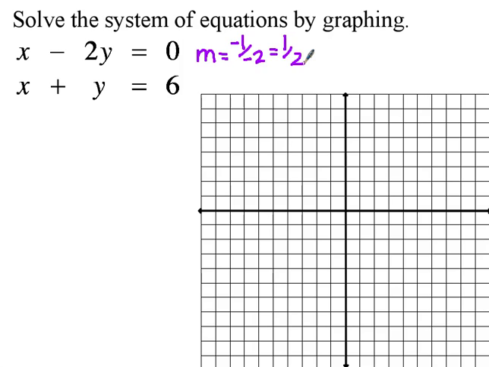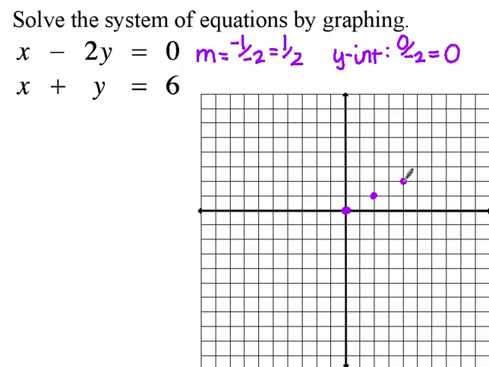What's your y-intercept going to be? Yep, the y-intercept in this case is 0 over -2, which is 0. So the y-intercept is 0 and the slope is 1/2. What does that mean? Up 1, over 2.